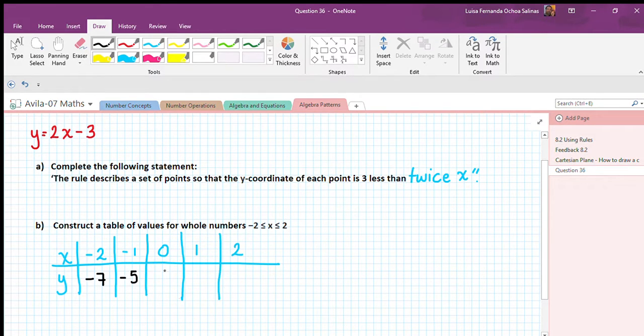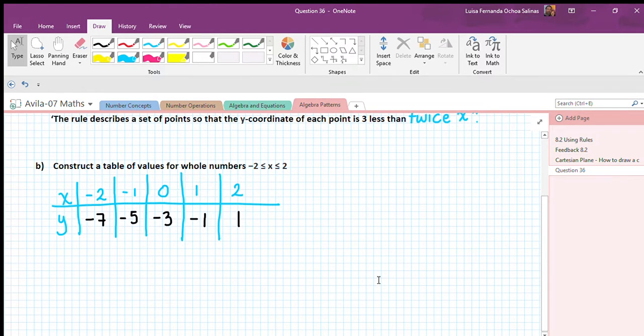When x is 0, this goes away, so this one is -3. When x is 1, this becomes 2, take away 3, this is -1. And then when it's 2, it's going to be 4, take away 3, 1. Okay, good. We have our table.